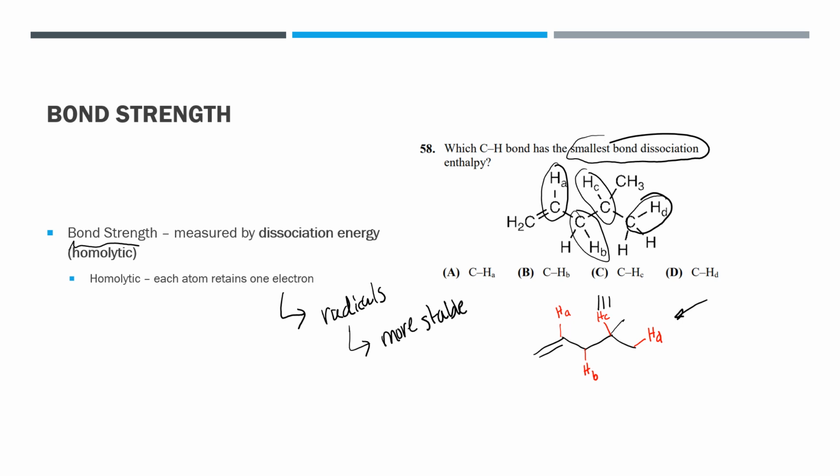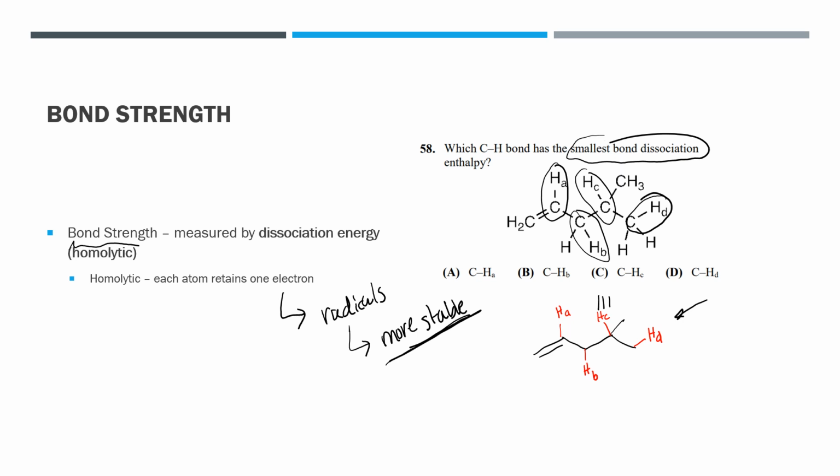So think about it like this. If the radical that's formed is very unstable, we're going to have to put a lot of energy in to break that bond. But if the radical is stable or semi-stable, we're not going to have to put as much energy in to break the bond. So the smallest bond dissociation enthalpy is going to have the most stable radical that we create when we do this bond dissociation.